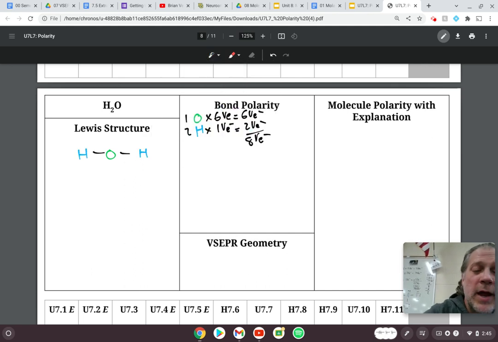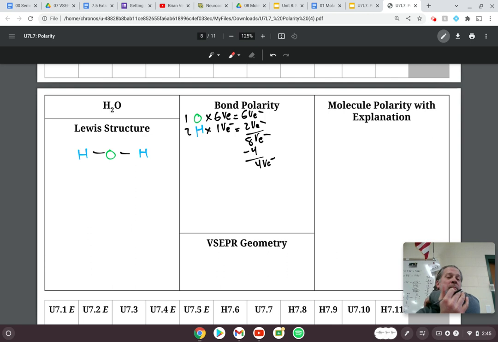I've used 4 electrons, so I have 4 valence electrons to still place. My hydrogens both need 2, and they have 2 in the bond, so they don't need any more electrons. My oxygen has 4, and it needs 4 more. So I'm going to give it 1, 2, 3, 4, and so there's my structure.